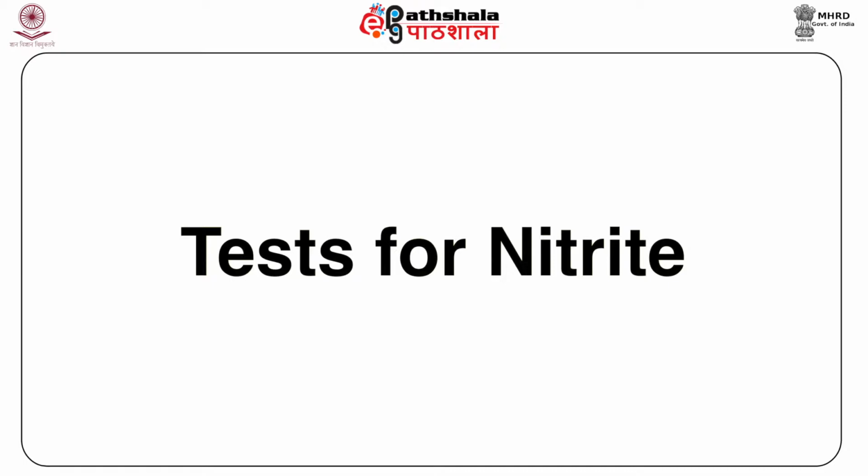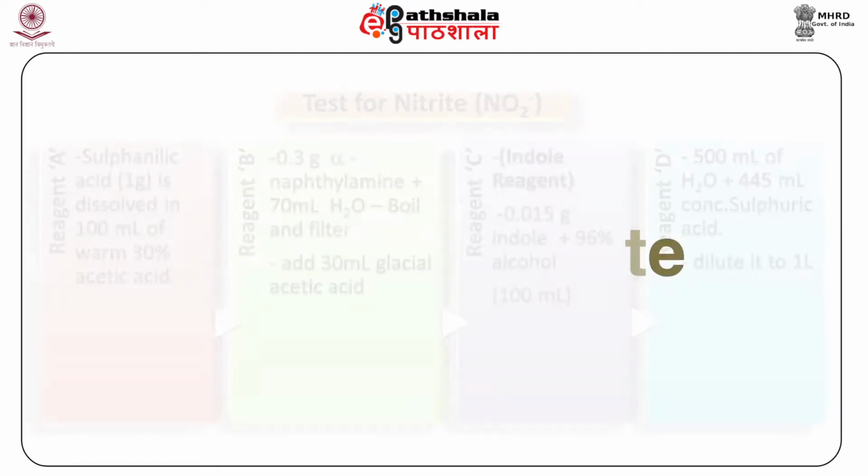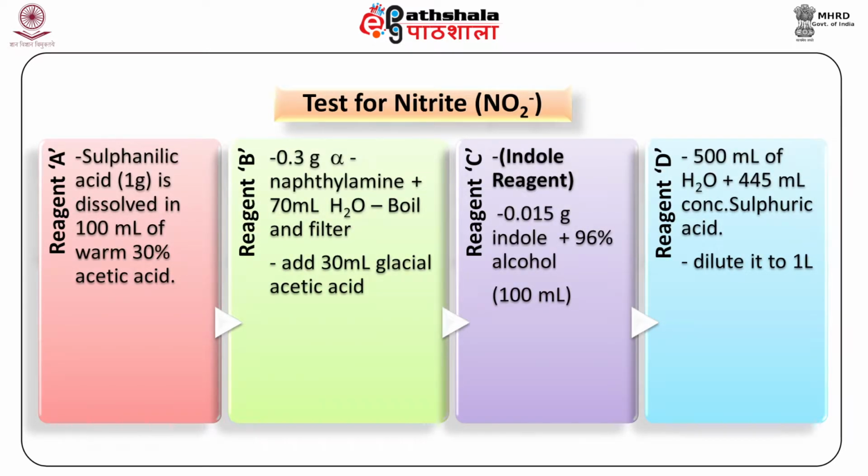Before analyzing the presence of nitrite in post-blast residue, the following four reagents are to be prepared. Reagent A: sulfanilic acid, 1 gram, is dissolved in 100 milliliters of warm 30% acetic acid.